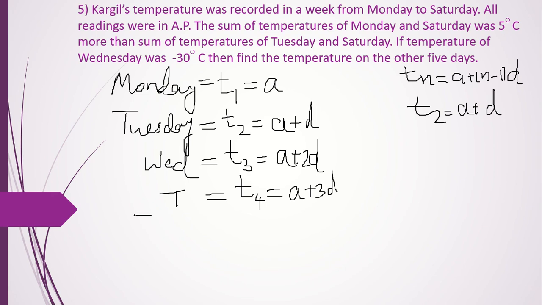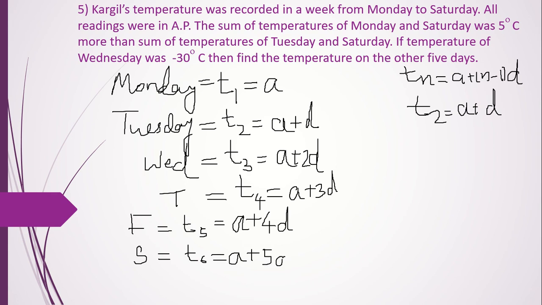Friday's temperature would be T5, and that would be A plus 4d. And Saturday's temperature last would be T6, A plus 5d. That's it. This is how we assume the temperatures of all the 6 days.